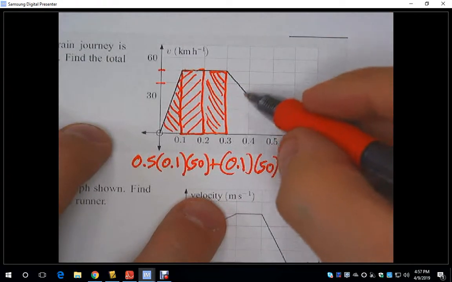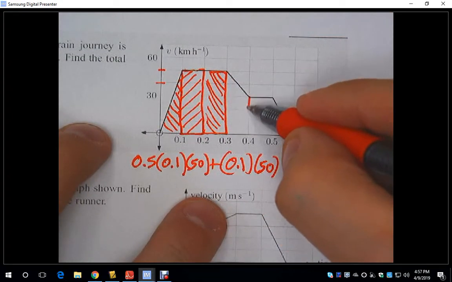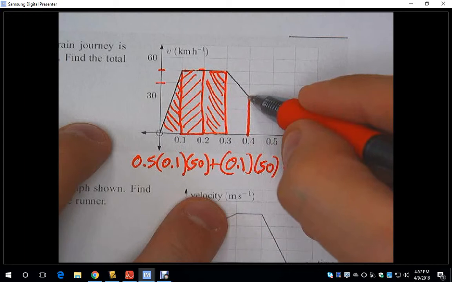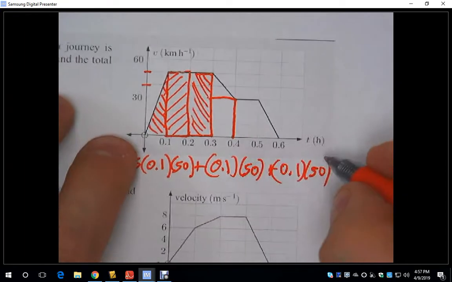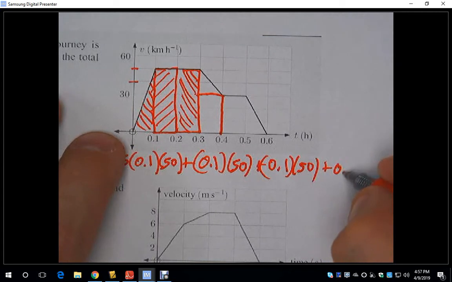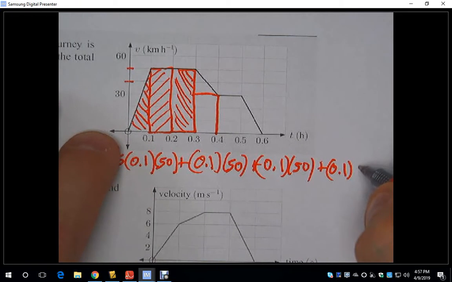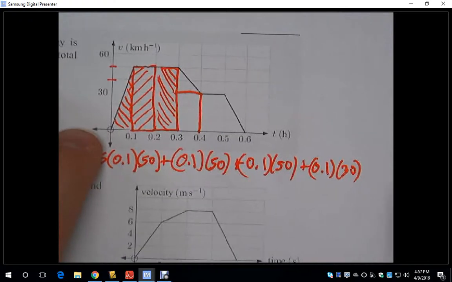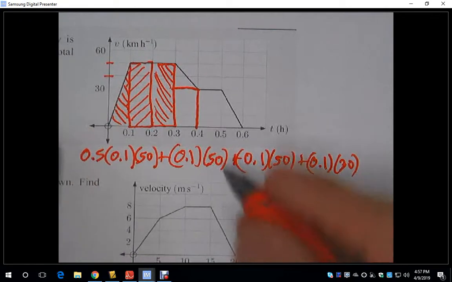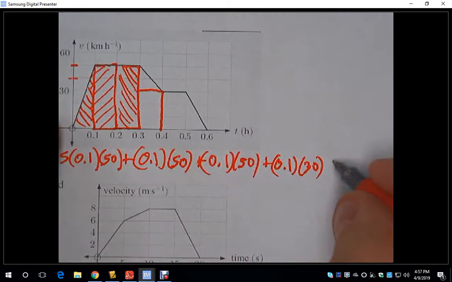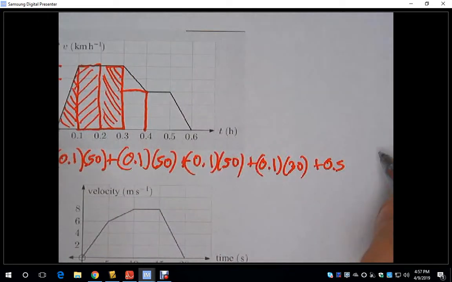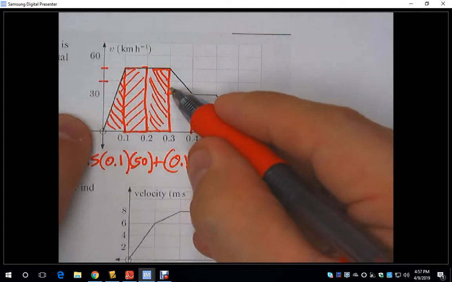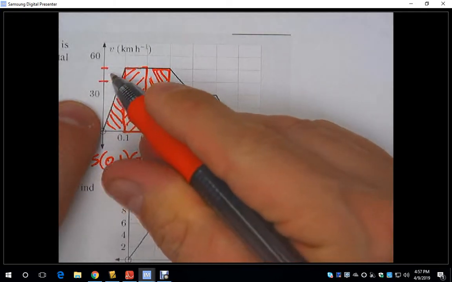We're going to do the same thing for this area. I can see that this area here is divided up into one rectangle and one triangle. The rectangle has a base of 0.1 and a height of 30. And my triangle is plus 0.5 times my base, which is 0.1, times my height of, that's from 30 to 50, that's 20.